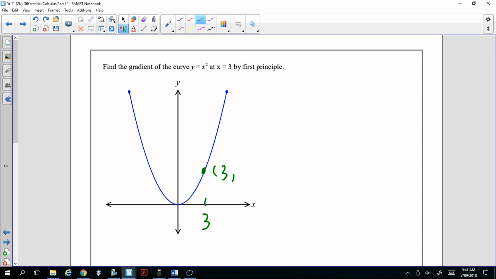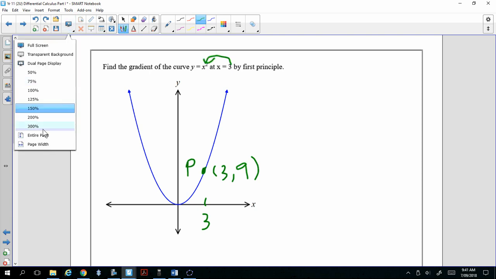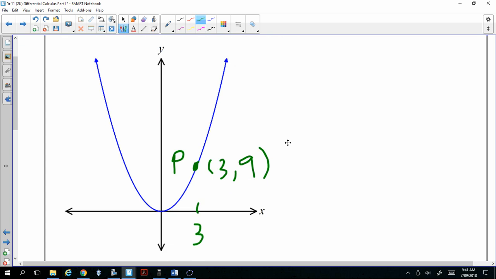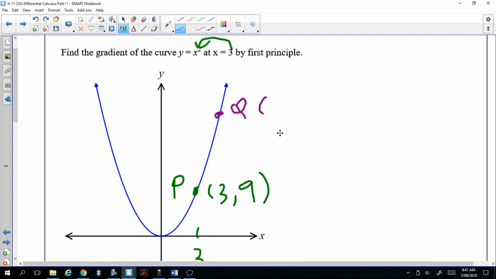We call that point P. After we found that point, we're going to find the point Q. And what would that be? It's going to be 3 plus h, right? We're going to go h forward. 3 plus h, just a little bit after P, right?